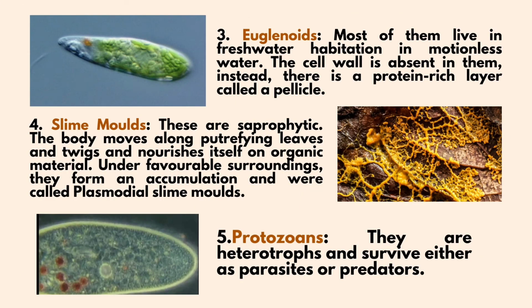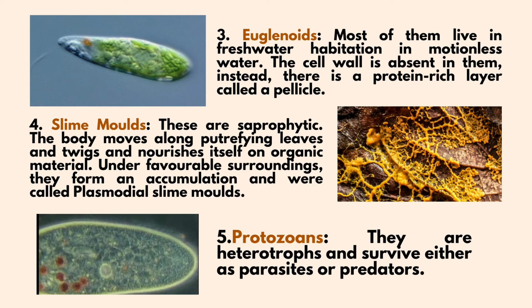The third one is the euglenoids. Most of them live in freshwater habitats in motionless water. The cell wall is absent in them. Instead, there is a protein-rich layer called a pellicle. The fourth one is the slime molds. These are saprophytic. The body moves along putrefying leaves and twigs and nourishes itself on organic material.